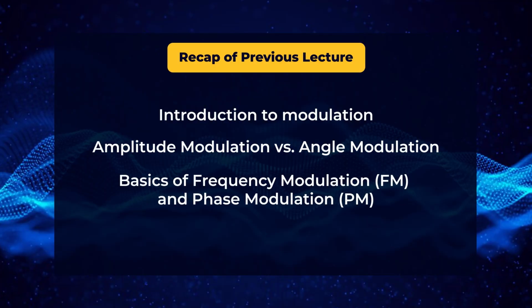For frequency modulation, we explored its basic concept, where the frequency of the carrier wave varies according to the amplitude of the input signal. Moving on to phase modulation, we explained how it works by varying the phase of the carrier wave according to the amplitude of the input signal. We then compared FM and PM, discussing their similarities and differences.